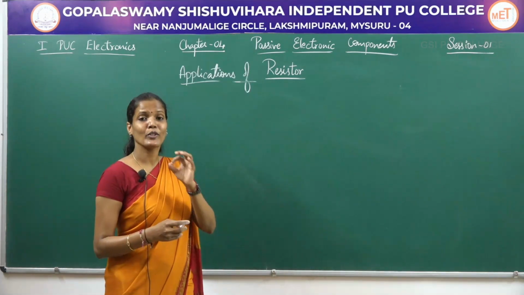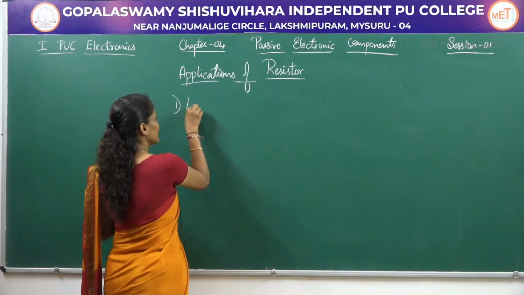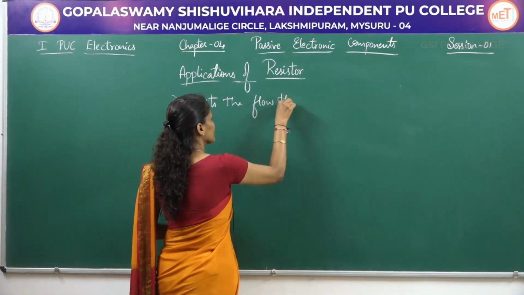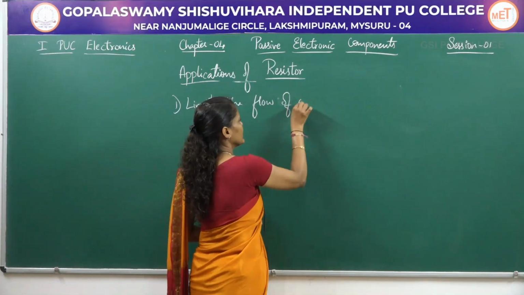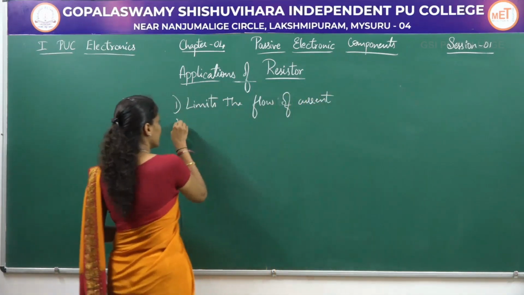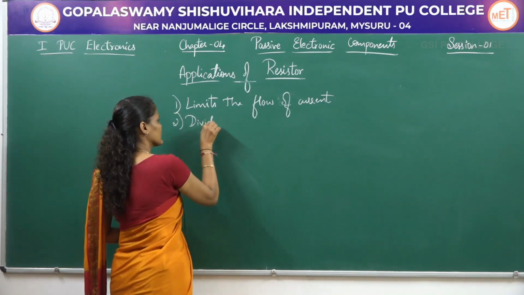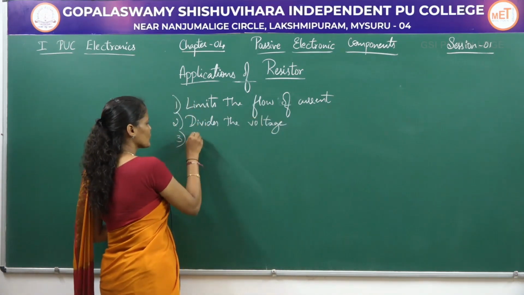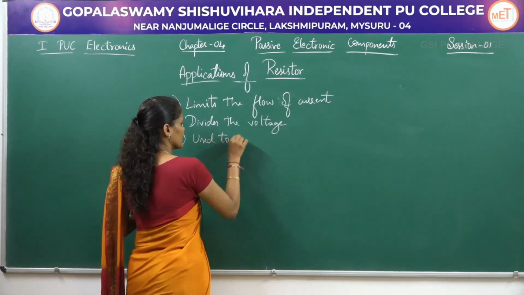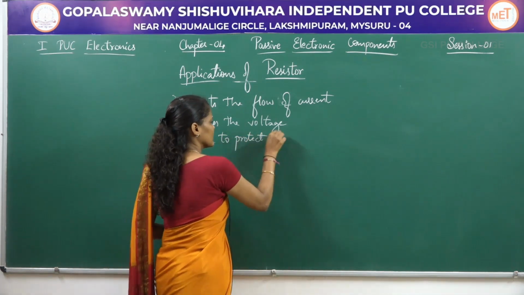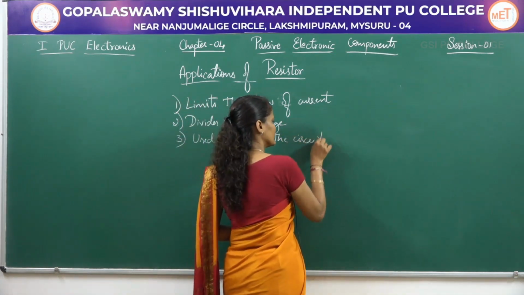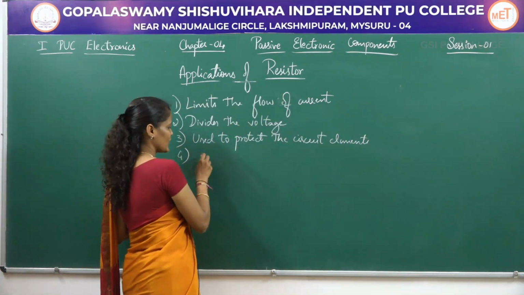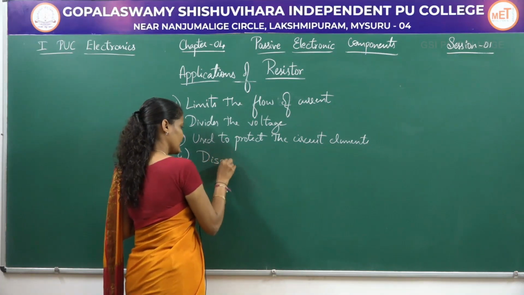Some of the major applications of this resistor is it limits the flow of current, it divides the voltage, and the third, it is used to protect the circuit elements, and the last major application is it dissipates energy.